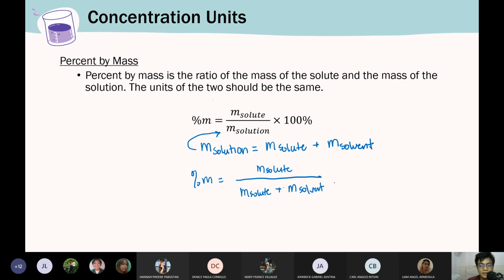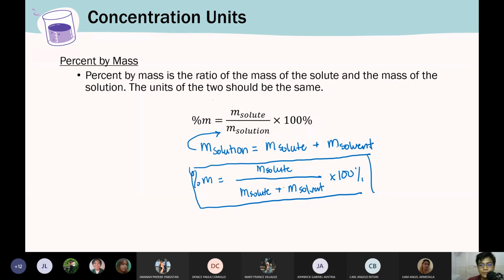Okay? So, times 100%. Okay? So, this is our working equation. Pwede rin naman yung nasa taas, but I would like you to remember this thing. The mass of the solution is the sum of the mass of the solute and the mass of the solvent.